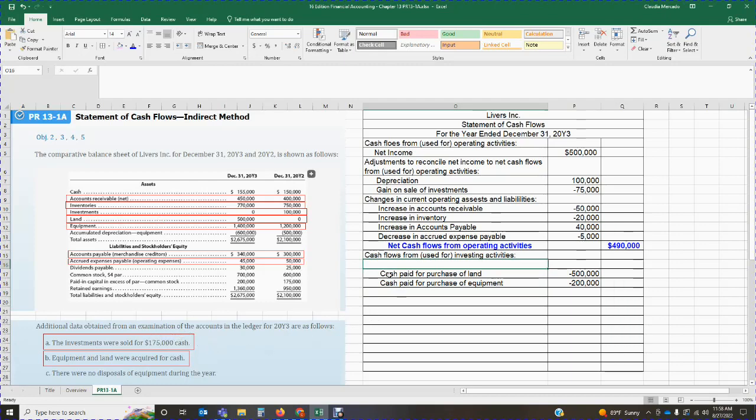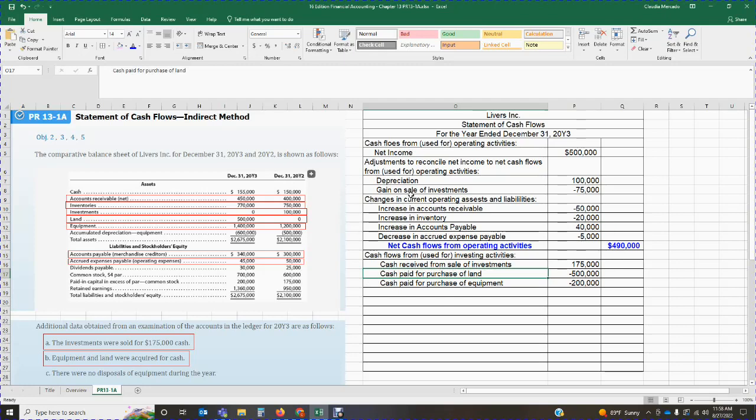So we have to put here cash received from sale of investments. And we received cash of $175,000. Now in the investing activities section, we are recording the cash received from the investment of $175,000.